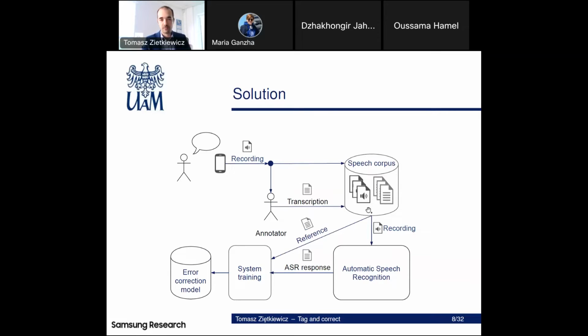And then we can use the speech corpus to feed these recordings to an automatic speech recognition model, which returns recognition results. We pair them with reference sentences from the corpus, and on these pairs of correct and possibly incorrect sentences, we can train an error correction model. So that's the problem I want to solve.